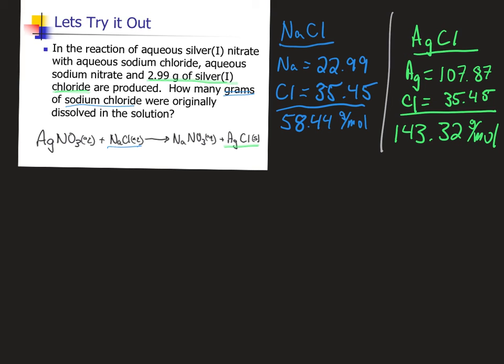Now that I have my 2 molar masses, I can start the conversion problem. Why are these just really hard conversion problems? Because you have to find some of your conversion factors. It's really all it becomes. Okay? My given is 2.99 grams of silver 1 chloride.